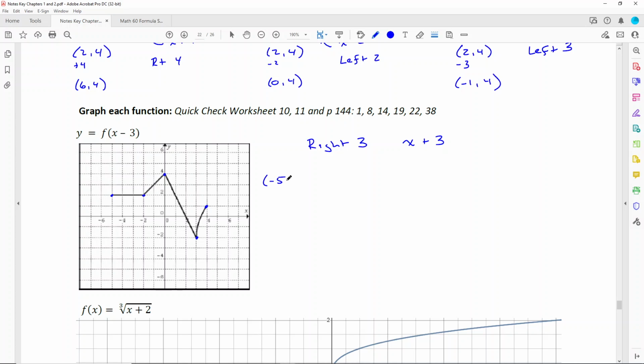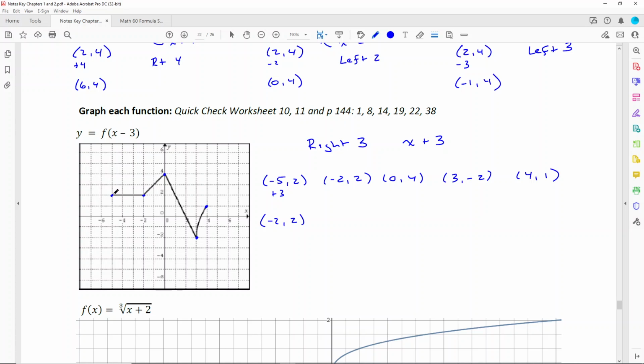So -5, 2. The next one is -2, 2, 0, 4, 3, -2, and 4, 1. Okay, so to each of these, I'm going to be adding 3 onto the x value. So my new point will be -2, 2.